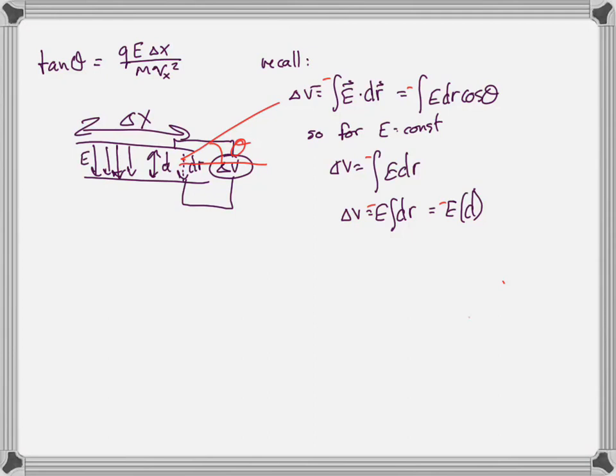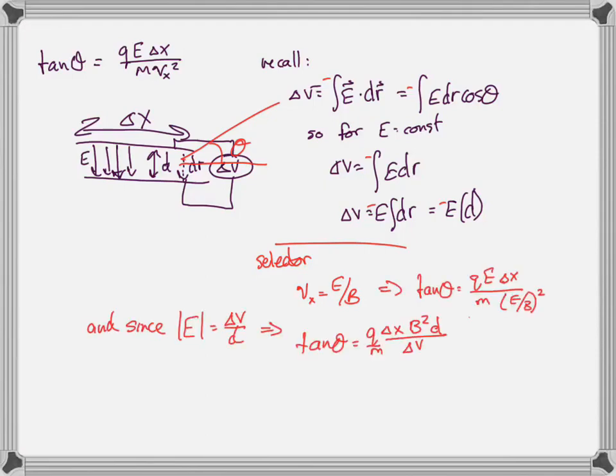And then remember also from the velocity selector, we found that the velocity, v sub x, is equal to E over B. So therefore, for tan theta, we can replace v sub x with E over B, and then we can replace E with delta V over D. So in the end, this is just rewriting it in terms of things that we can actually set.